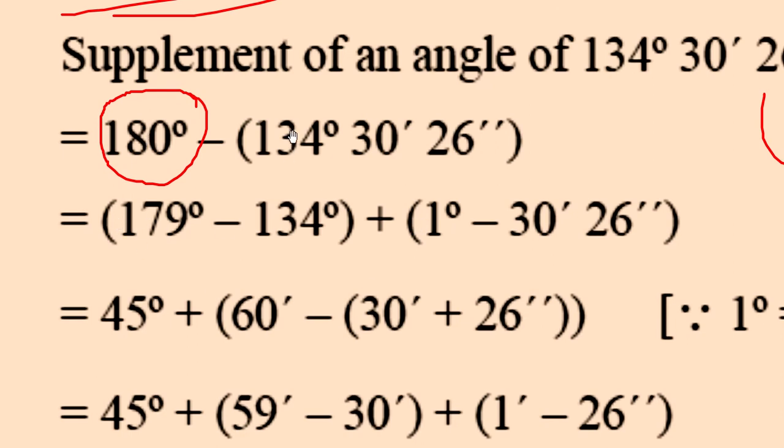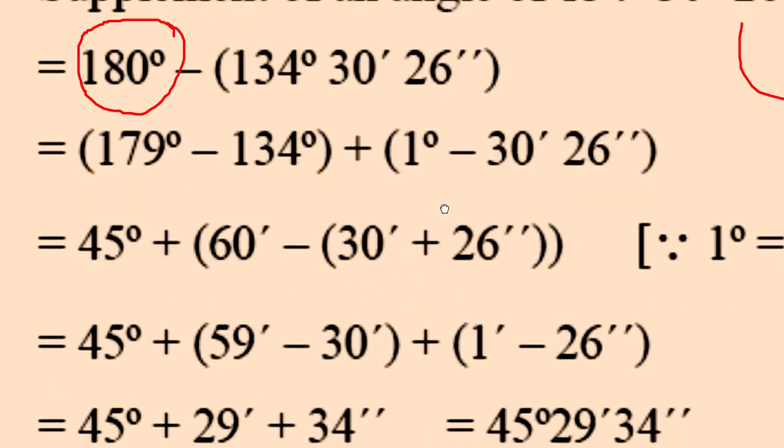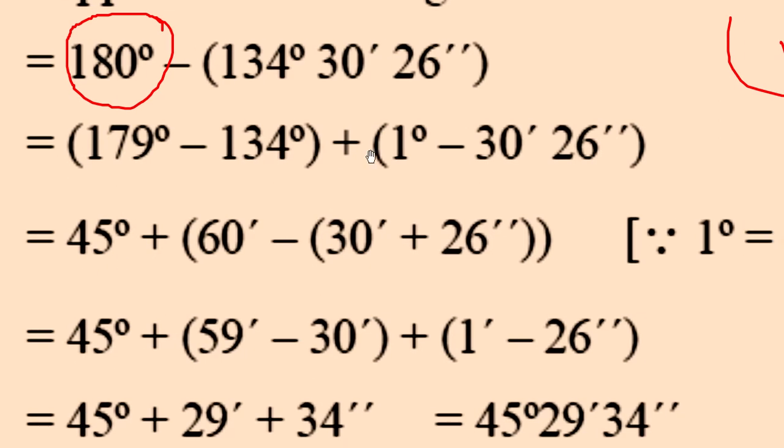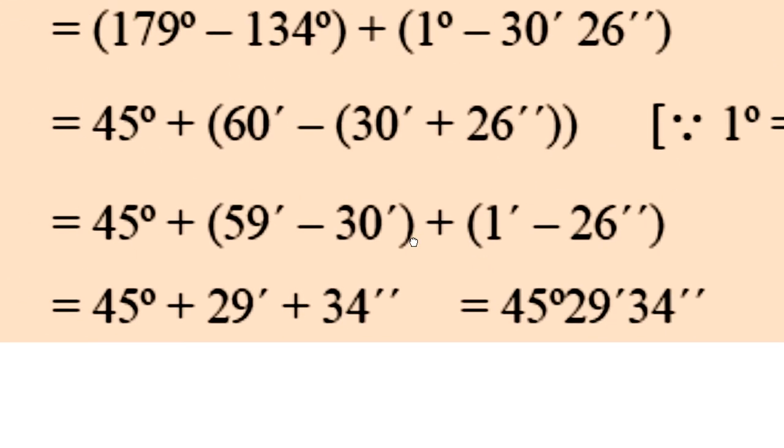From 179 we are removing 134. From 1 degree we are removing this part. So 179 minus 134 is 45 degrees. 1 degree can be written as 60 minutes minus 30 minutes 26 seconds. Again, this 60 minutes can be written as 59 minutes plus 1 minute.